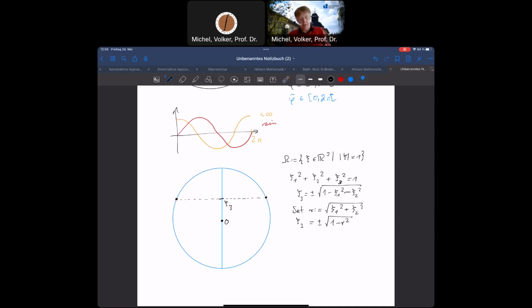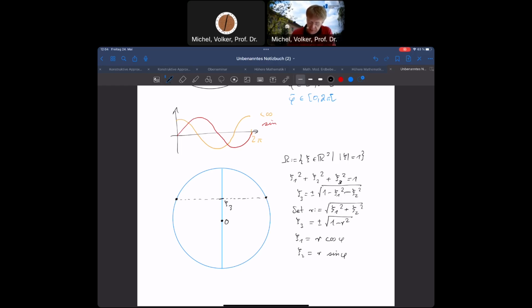Now we know how to parameterize that circle that we have here, namely in the sense that we say, okay, xi1 is definitely the radius times cosine phi. I'm using the mathematical parameterization, and xi2 would be r sine phi. Again, with an arbitrary choice of an interval of length 2 pi for phi. Now, we know what r is, and we can put this in a different way.